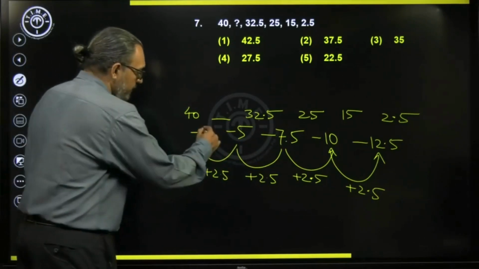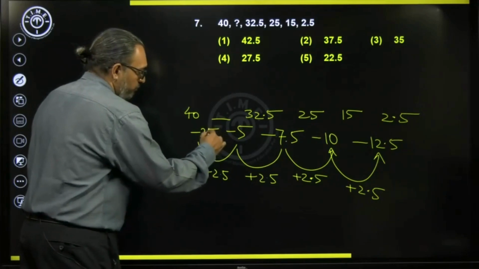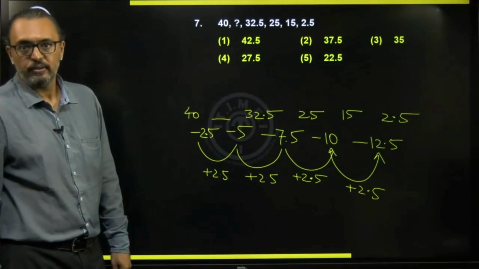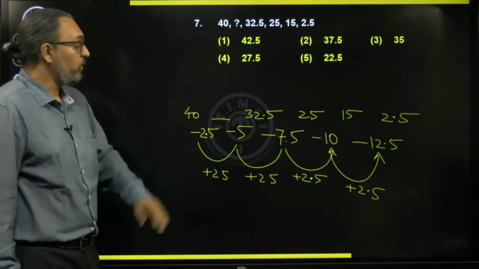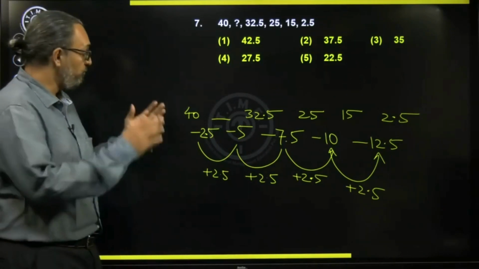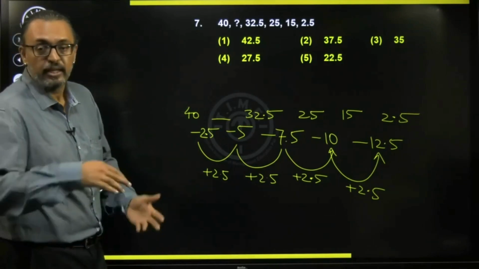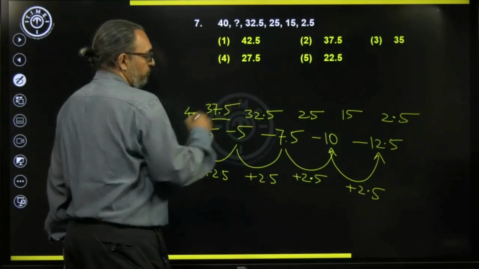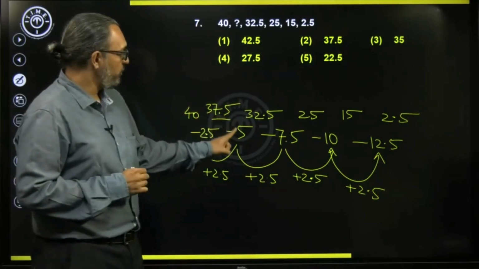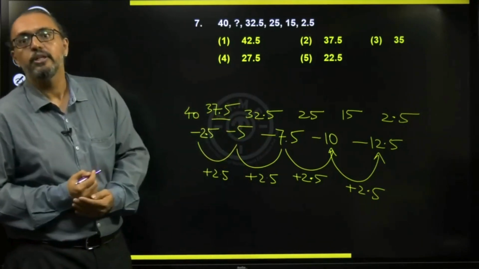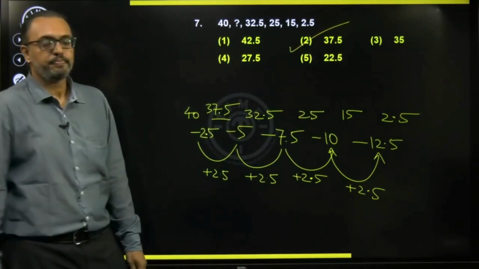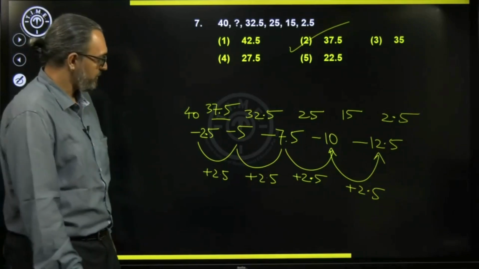And again here you will have minus 2.5. So that 2.5 plus 2.5 gives you 5. So from 40 now you have to subtract 2.5. So from 40 you subtract 2 is 38. Another 0.5 more gives you 37.5. So that from 37.5 you subtract 5 gives you 32.5. So the answer to this is choice 2. Okay? Yes.